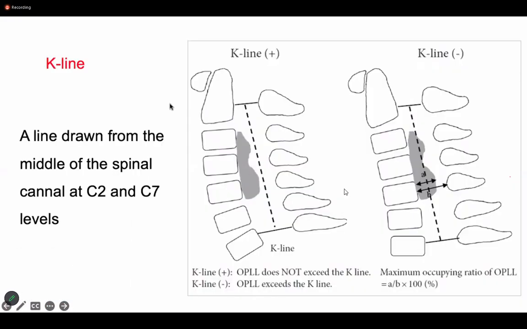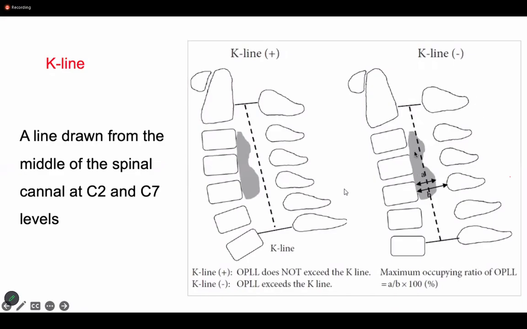The K-line gives very useful information to the doctor. The K-line is a line drawn from the middle of the spinal canal at C2 and C7 levels. When the mass of OPLL is in front of the K-line, that means the K-line is positive.